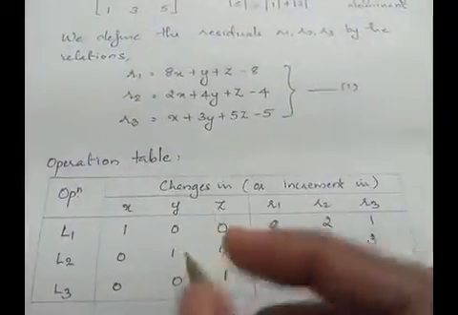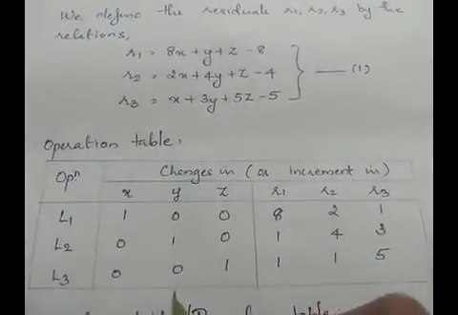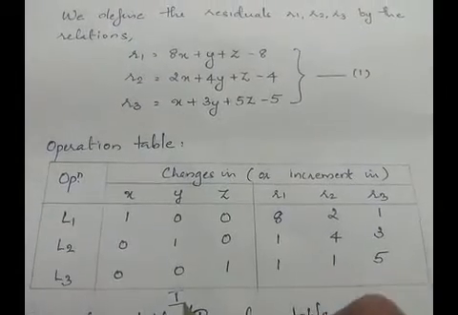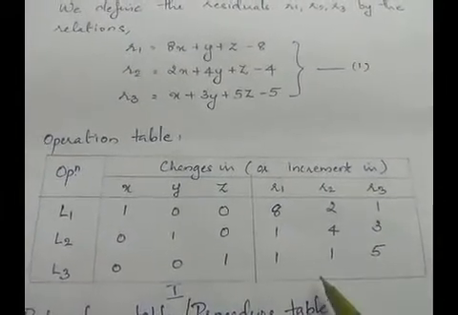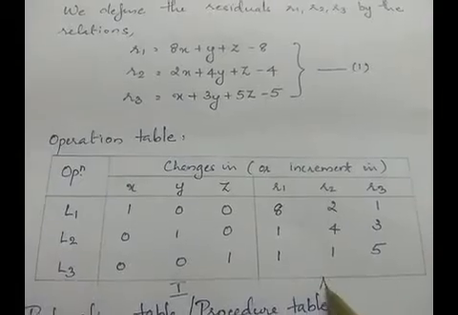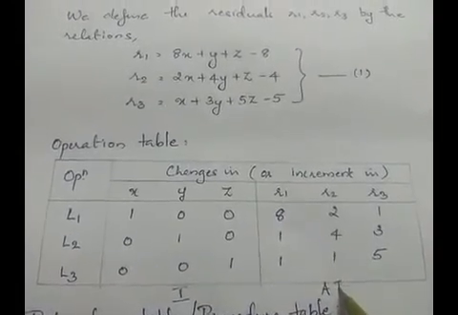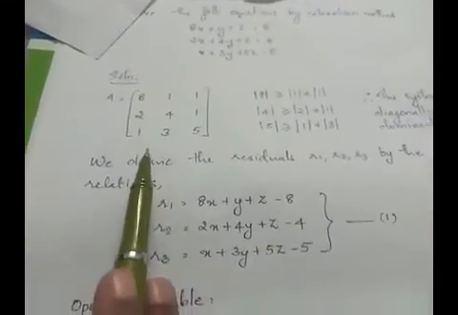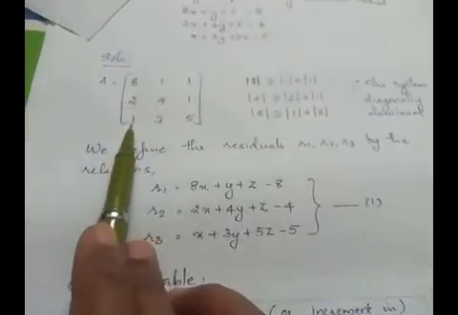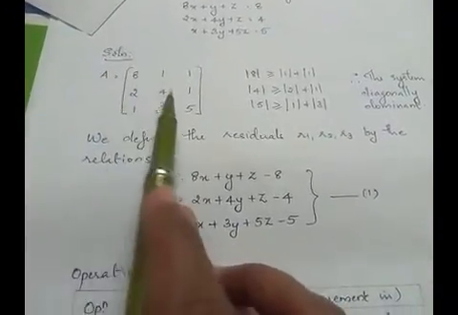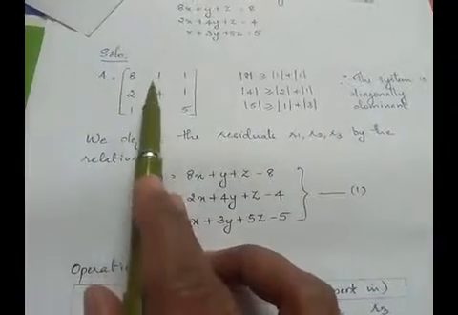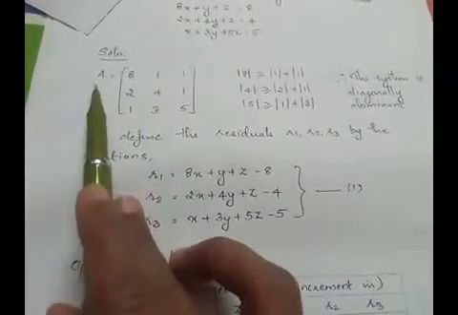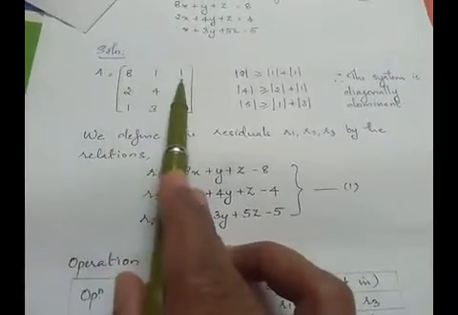So for simplicity, in the XYZ portion, we'll be writing the unit matrix, and in the residual portion, we'll be writing A transpose. You can see that this is the matrix A, and the transpose of a matrix is obtained by interchanging the rows and columns. Here the first row is 8, 1, 1. In the transpose of A, this first row will become the first column.